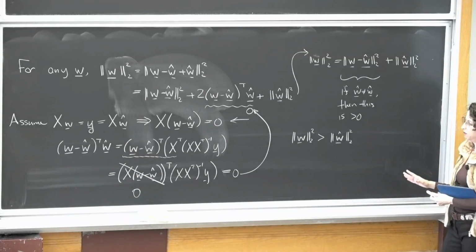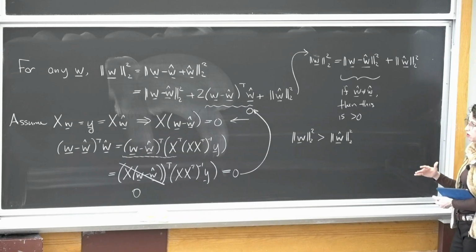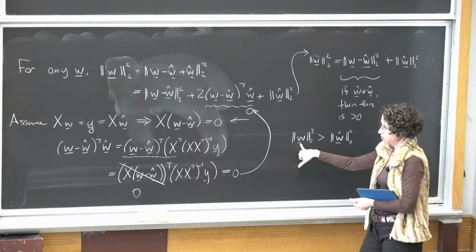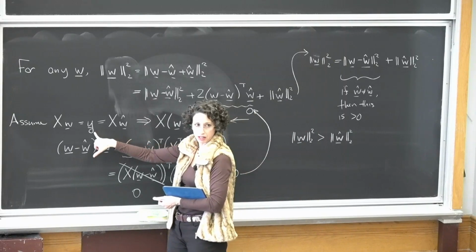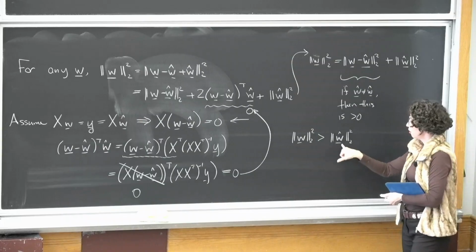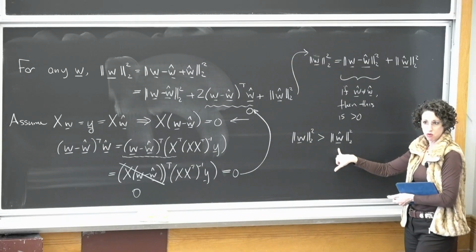So just some very simple algebra is showing us that when we compute this pseudo-inverse predictor, any other predictor W that also gives us a perfect prediction of the training labels would have to have a bigger norm. Or in other words, the pseudo-inverse predictor is going to have the smallest norm among all predictors that perfectly predict my data.